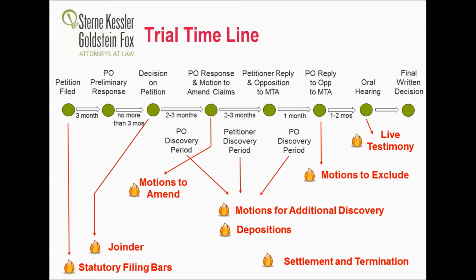This slide shows the filing statistics for IPRs and CBMs over the past 2 years. As you can see, there was a bit of a slow start, but as the PTAB started to decide these cases and had some initial high percentage of institution, we saw these become more and more popular, to the point that in June there were 190 filed, and in August, 175.